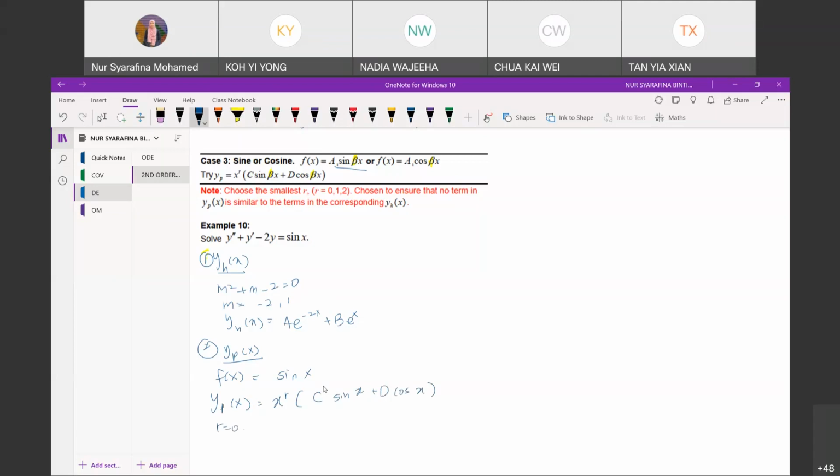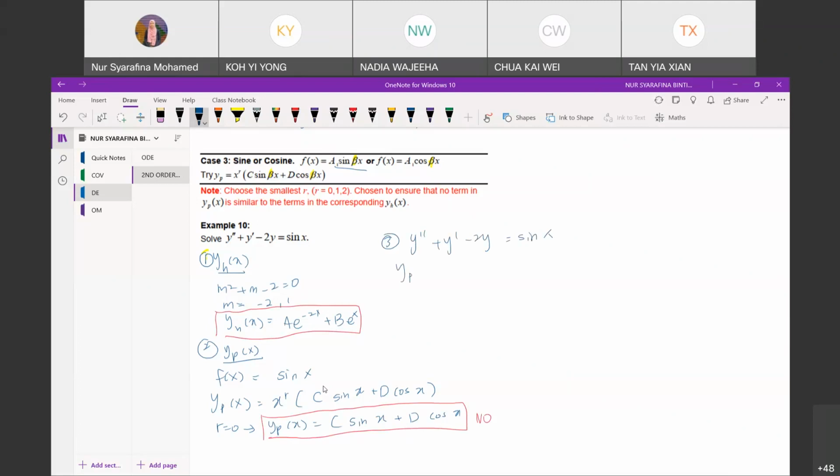When r equals 0, yp equals c sin x plus d cos x. There is no similar term, because yh is exponential and yp is sine and cos. Then proceed to match with the differential equation.